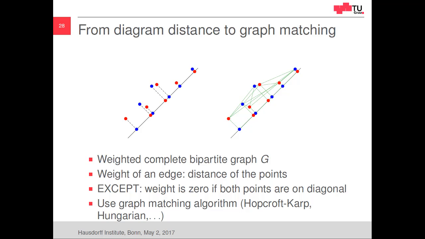The weight of every edge is the distance between the points, with the one exception that points on the diagonal have distance 0, so you can always, if you want, map them for free. So this is a perfectly well-defined graph, and now the question boils down to finding a perfect matching in this graph where you either minimize the longest edge in the matching or you minimize the sum of the costs.